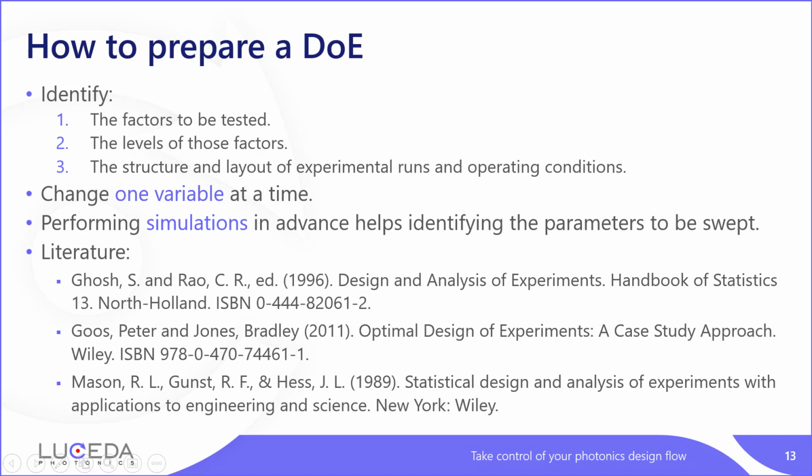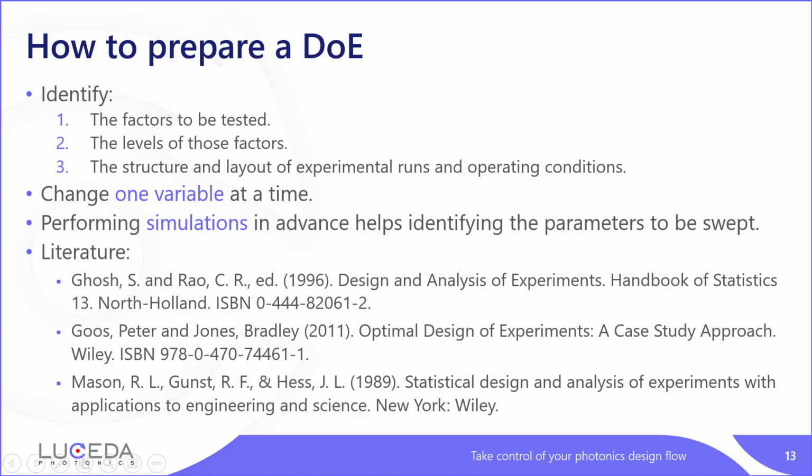Now, how to prepare for a DOE design? First, we need to identify which factors to be tested, for example, which device specifications we would like to see as outcomes that are going to be affected by, for example, the layout change, the width, the length, and so forth. And then we need to identify the levels of those factors.